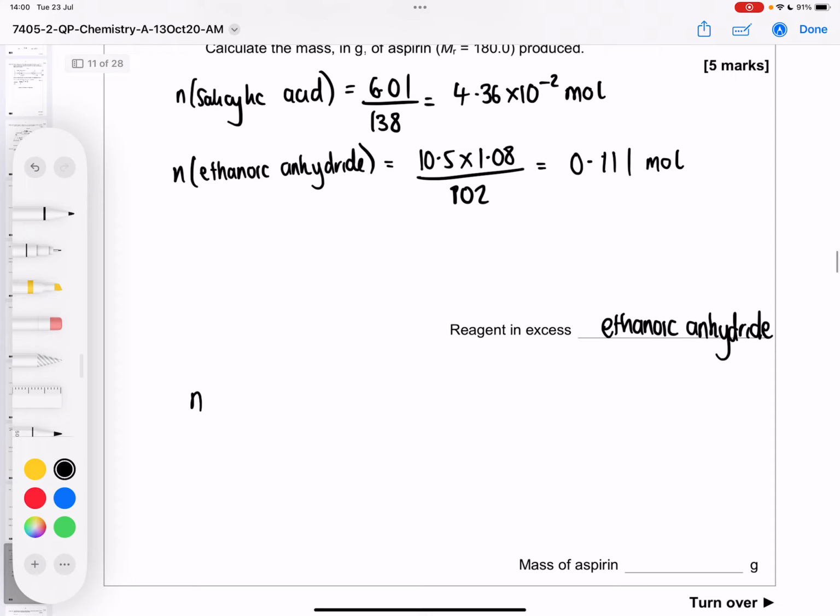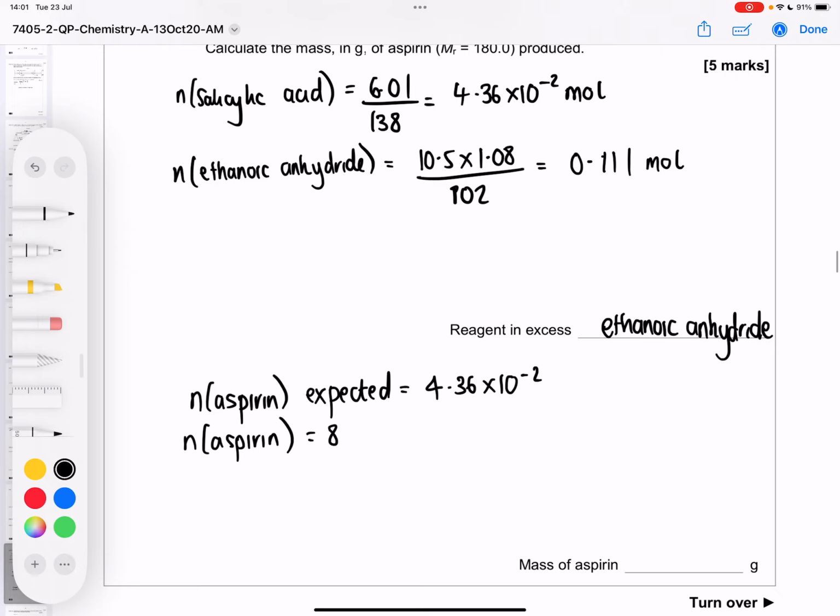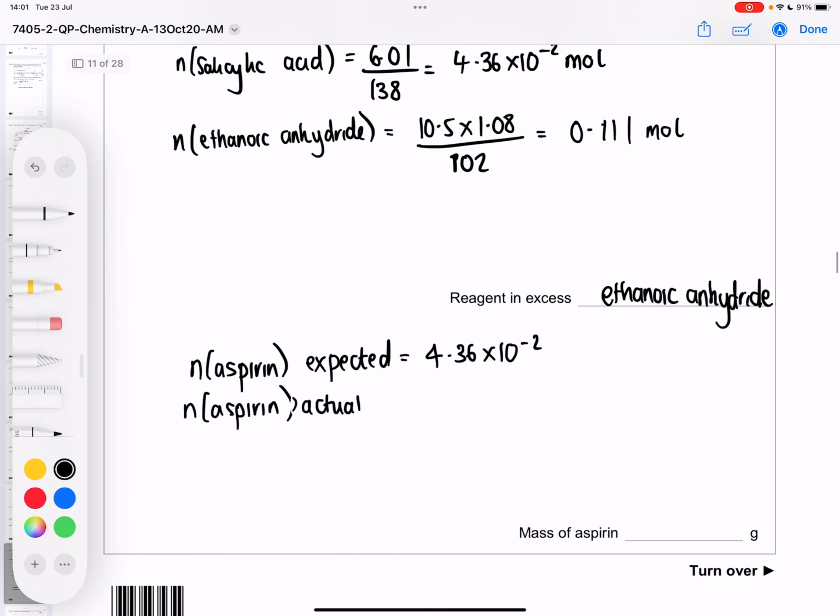So the moles of aspirin expected would be 1 to 1, so 4.36 times 10 to the minus 2. But the moles of aspirin that we actually got was 84.1%. So 84.1 out of 100 times 4.36 times 10 to the minus 2.